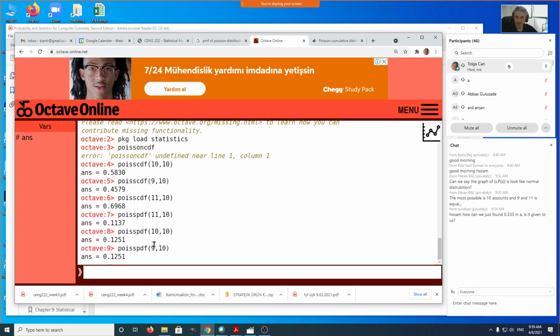If you look at this, what is interesting is that the average was 10, right? 9 and 11 are not the same probability. 10 and 9 have exactly the same probability.